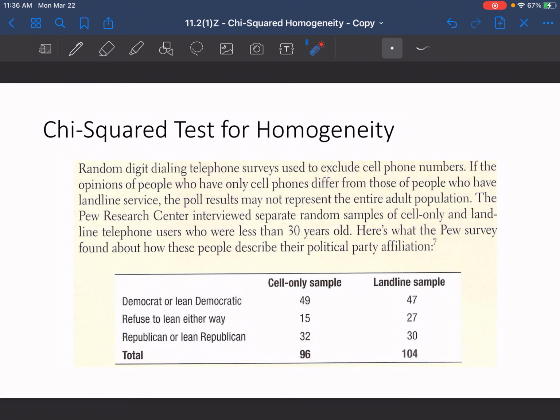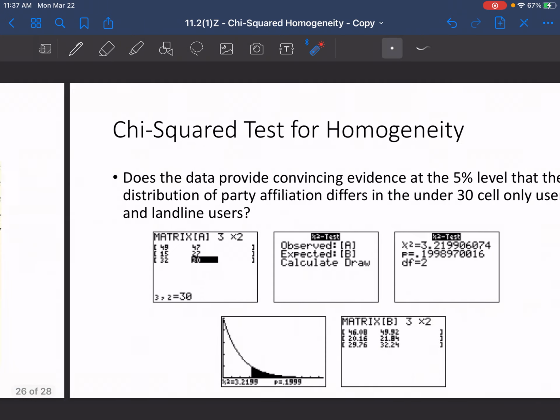Here's what the Pew survey found about how these people describe their political party affiliation. So again, we have a two-way table where they interview those who only have a cell phone and those who only have a landline phone, and they determine whether they are Democratic or lean Democratic, Republican or lean Republican, or independent and refuse to lean either way.